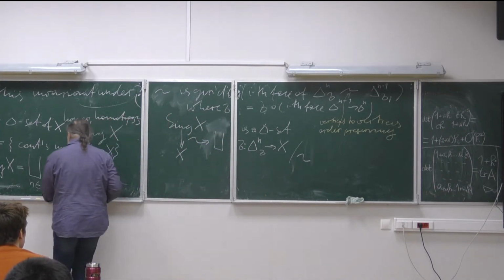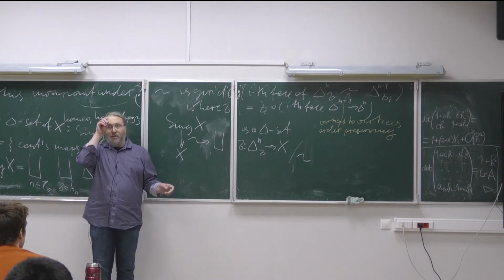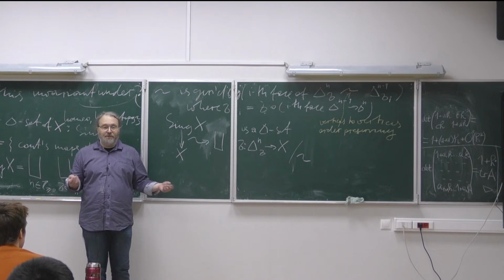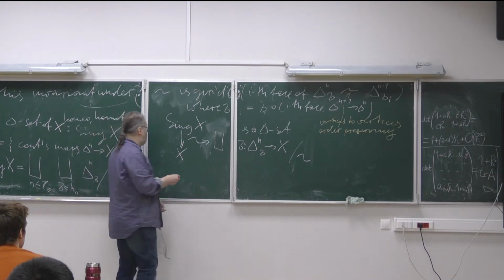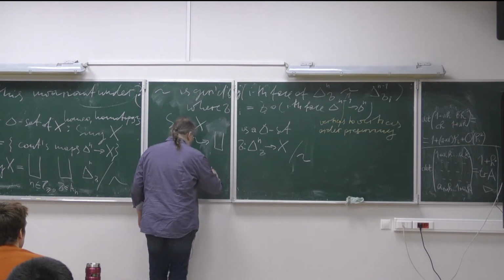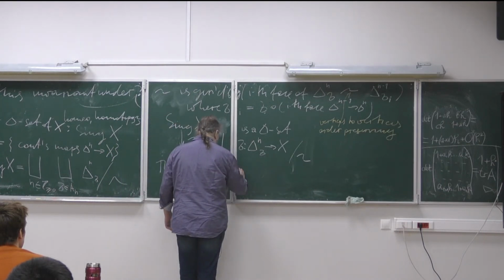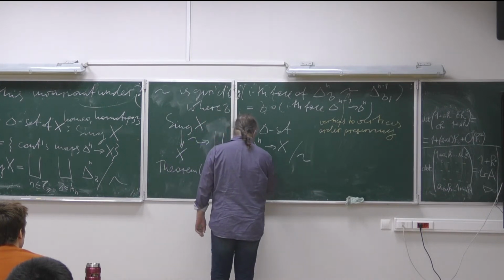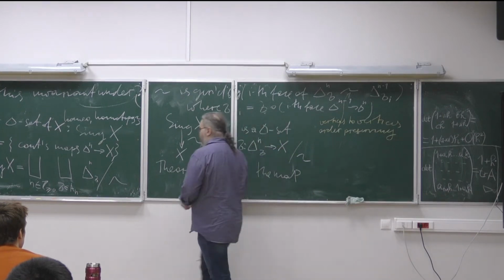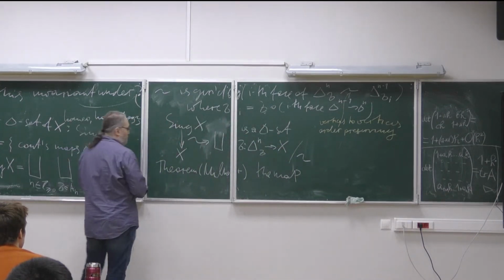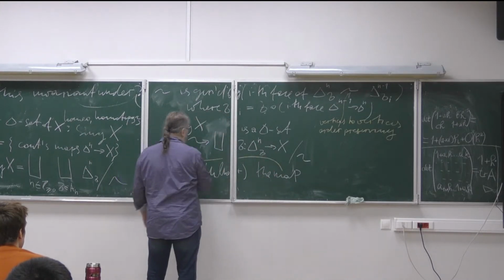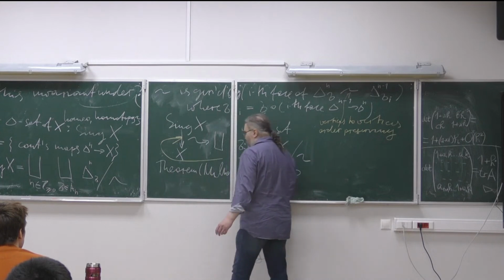And it's a theorem by Milnor, which is not very difficult, but it's not free either, that this map is a weak equivalence.